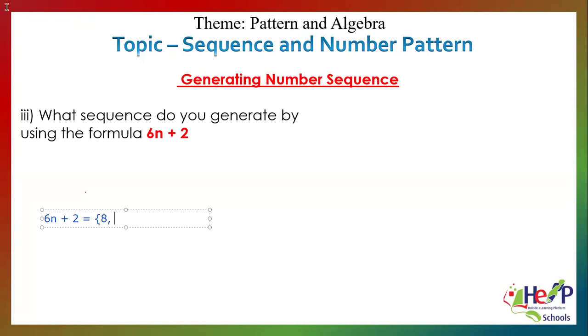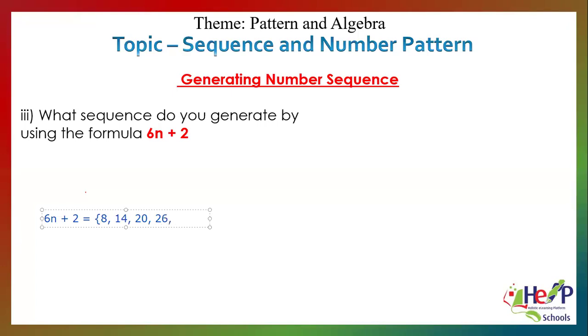14. People who have posted their answers on WhatsApp, just show up here and give us your answers. So the next one is 14. Okay, 14. Then 20. The next is what? 26.